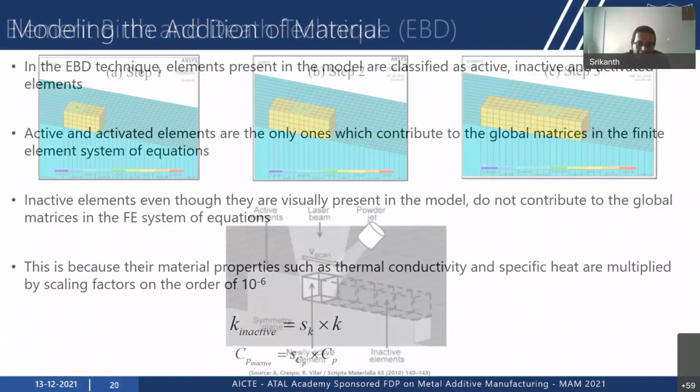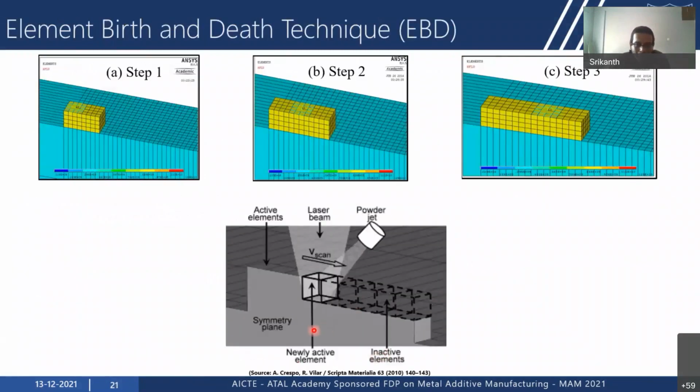Now, if you see this illustration here, it shows the simulation of the deposition of a thin wall geometry on a substrate. So here you have the substrate, and this is the thin wall geometry. Here you can see that the heat source is currently at this location.